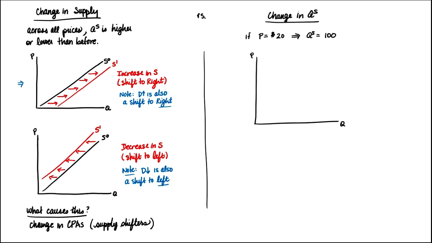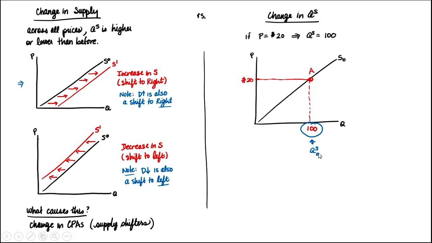Again, P and Q are our axes. Let's put supply curve S0. Now let's label our price of 20. At a price of 20, we're at point A on the supply curve, and quantity supplied is 100, right? So this right here is our quantity supplied.